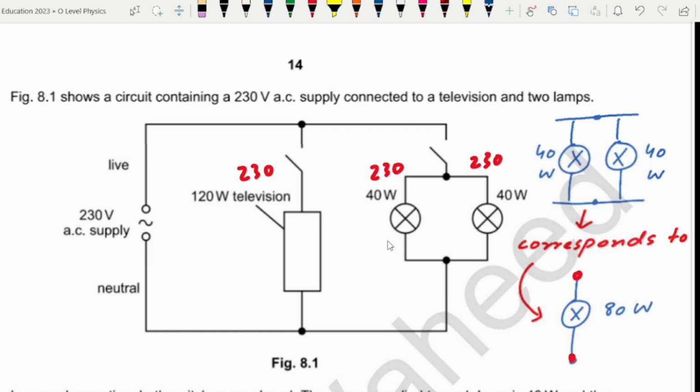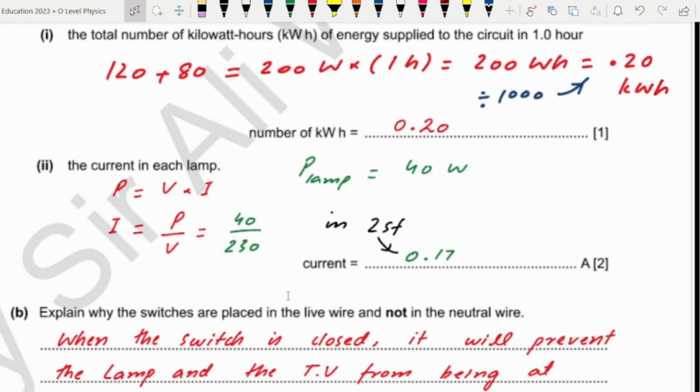And what is the power? Power is 40. The formula that relates power, voltage, and current is P equals V times I. You can easily find I from there. And how do we do that? Like this. I equals P over V. Power was 40. Voltage is 230. You divide it on the calculator. You get 0.17 to 2 significant figures. Amperes, the unit is already written.